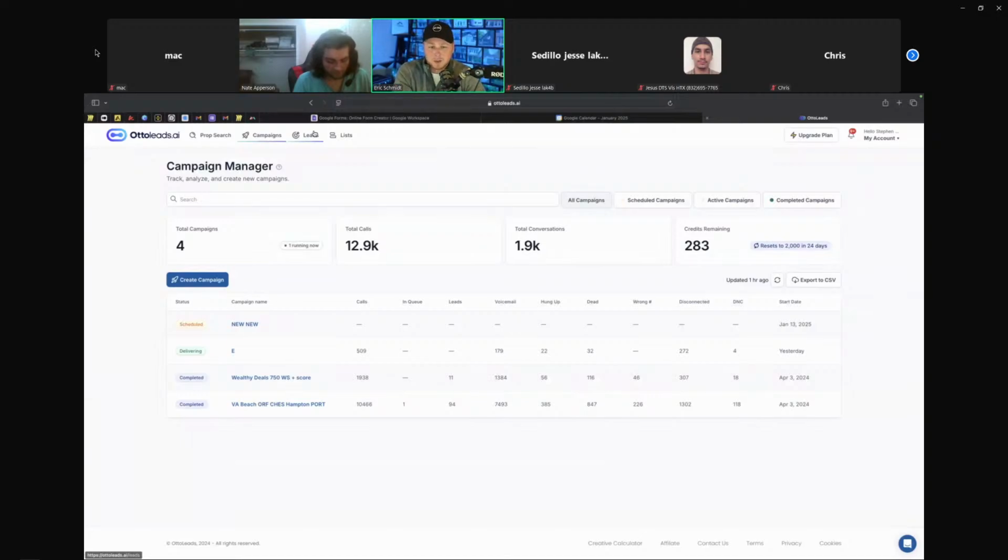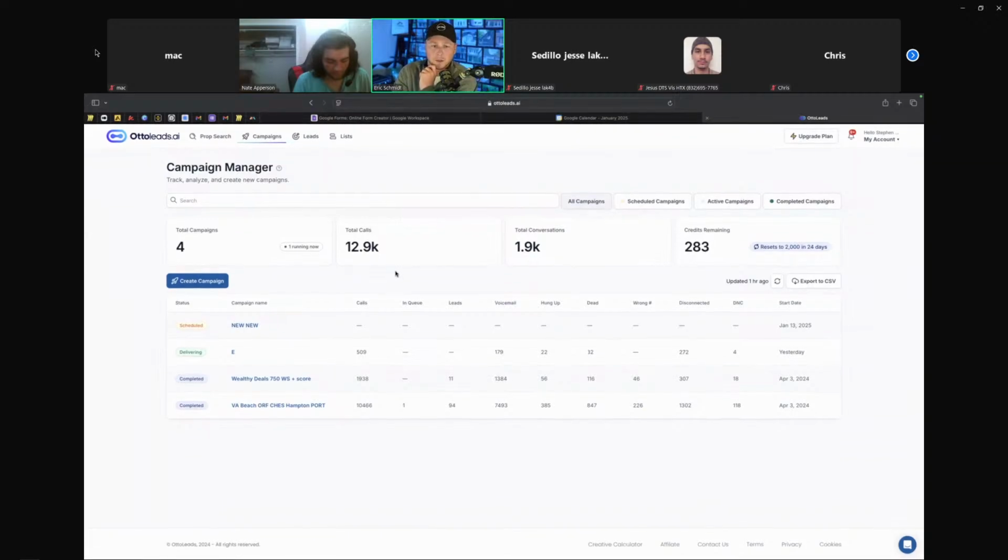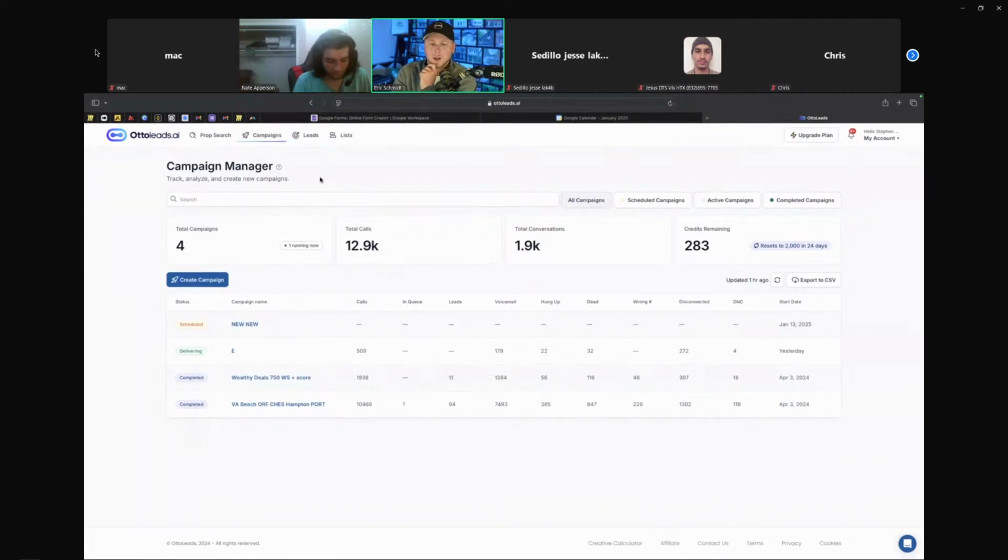Just for you guys that are new to the group, this is a platform that I built, so I'm a little biased towards it. I'm no longer an owner of this company, so I'm not getting paid to push you guys here. The platform's really cool, with a lot of good features, and what's really cool is that they just tapped into a better data source. I can't disclose who it is.